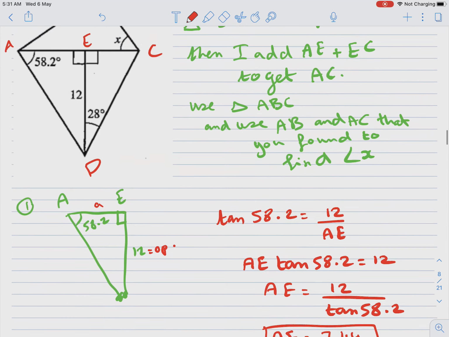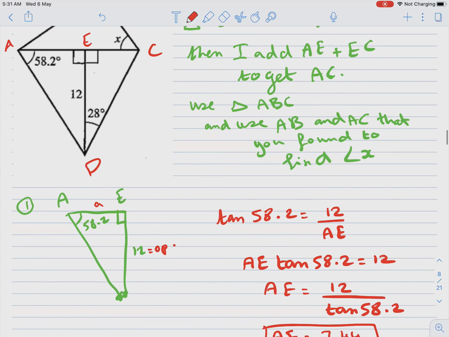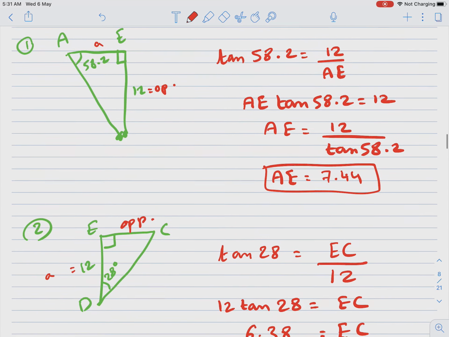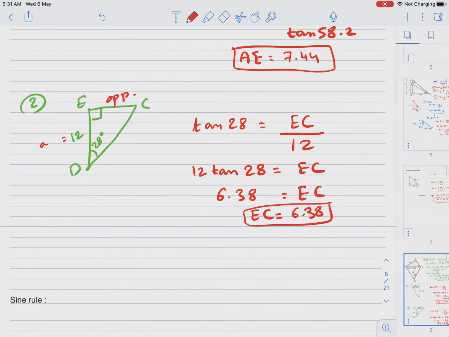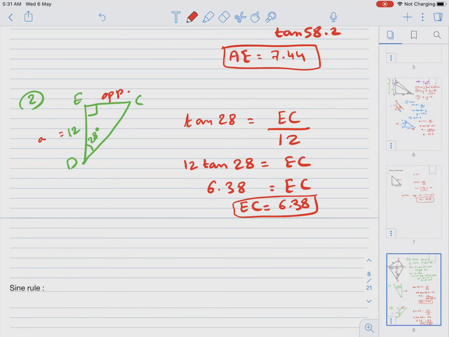Okay, now next, what will I do? I have to find AC, so I just add AE plus EC. Now I find AC, which is equal to AE plus EC.